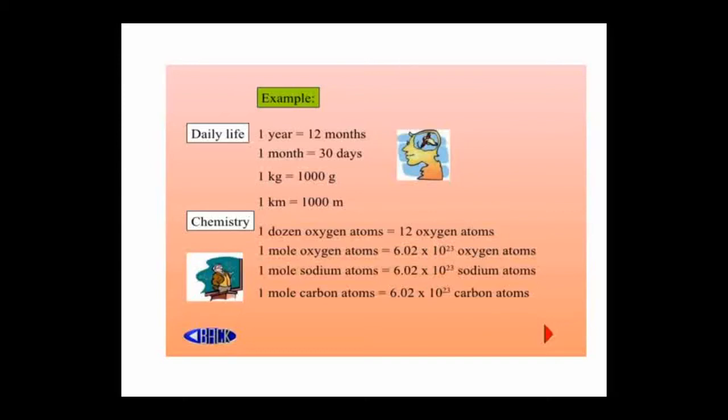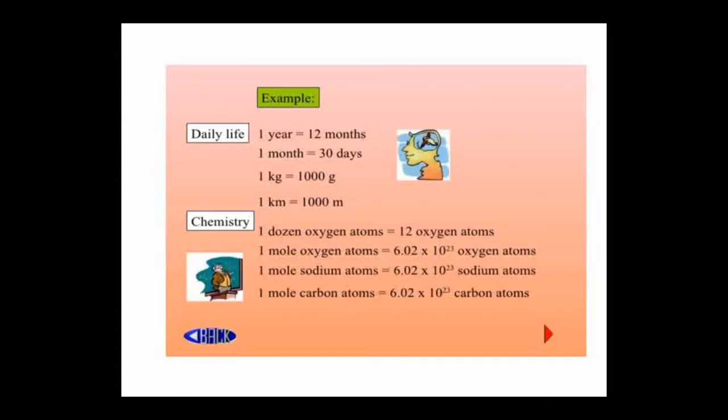That is Avogadro's number, an absolute number, 6.022 × 10^23. It is very obvious that 1 mole of oxygen atoms must always have 6.02 × 10^23 oxygen atoms. Clear?